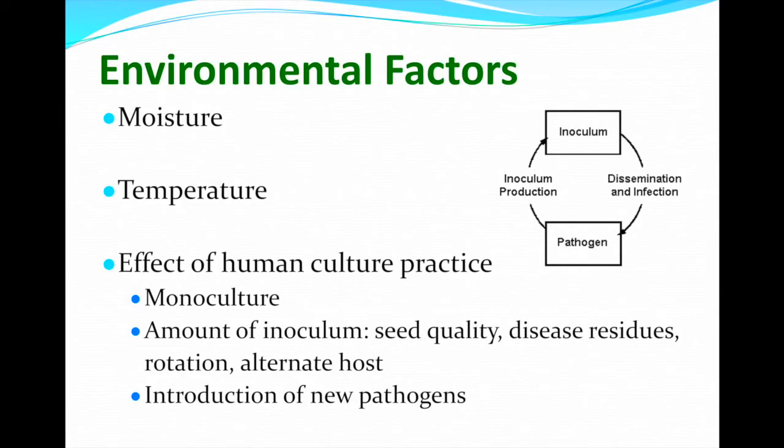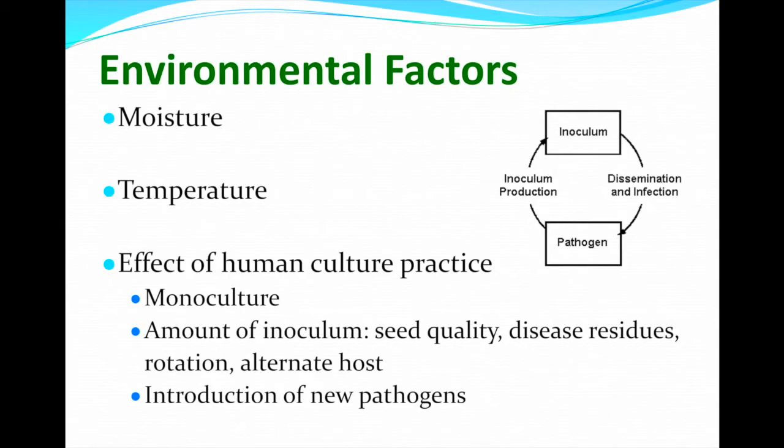The effects of our human activities. Are we monoculturing? Are we reducing the genetic diversity of the plant's natural ability to defend itself, basically? Are we creating more inoculum unknowingly? Are we lowering the quality of seed and actually have seed that's infected and we're spreading inoculum this way?